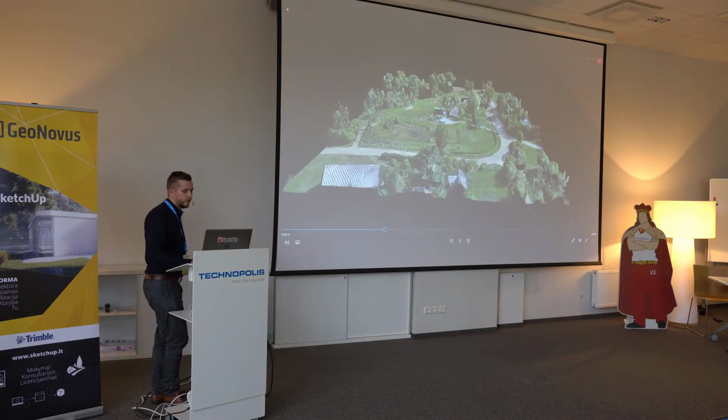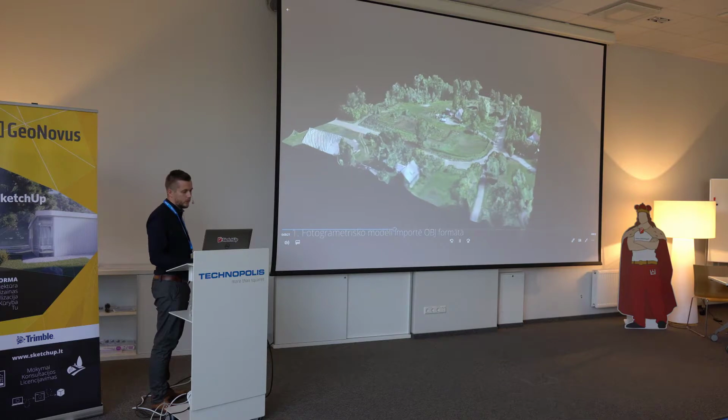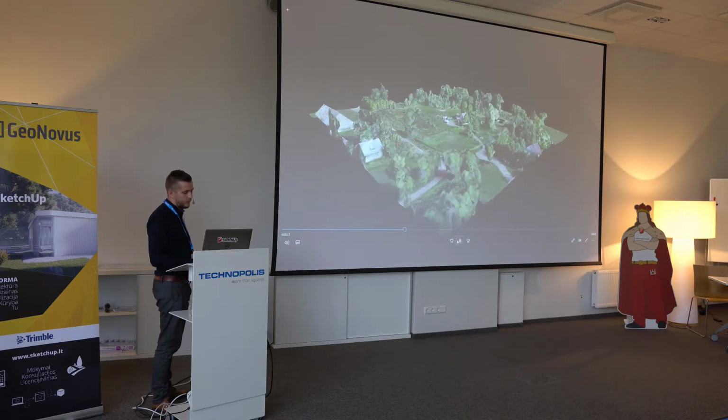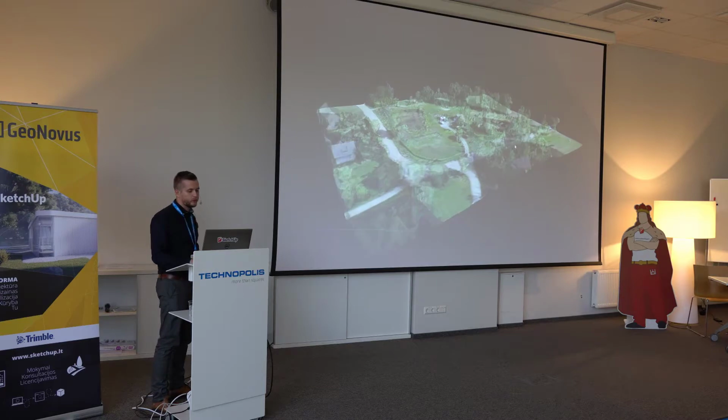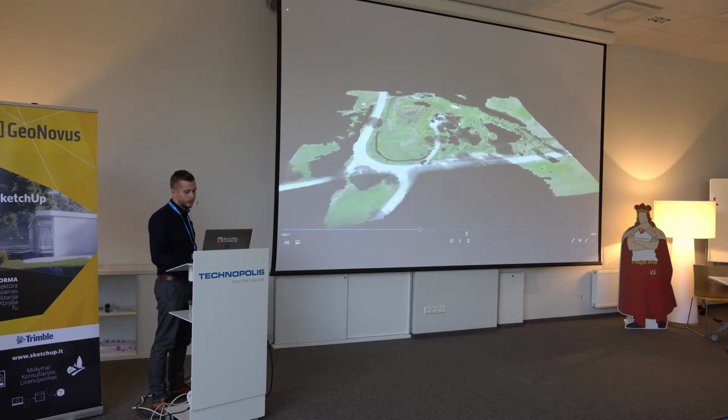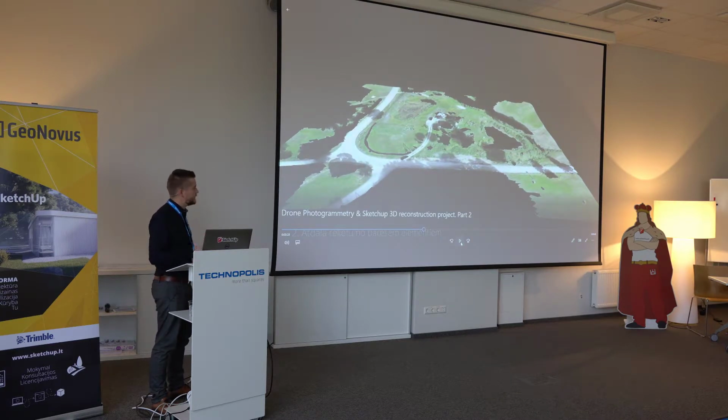You can use photogrammetry tools. First, the drone would take photos of a specific area, and these photos will be combined to create a 3D model, which then can be imported inside of SketchUp.